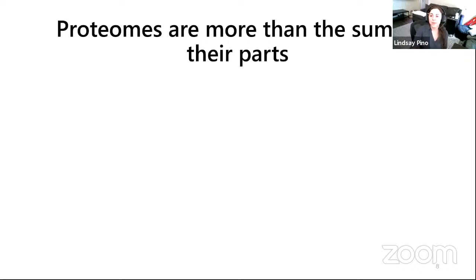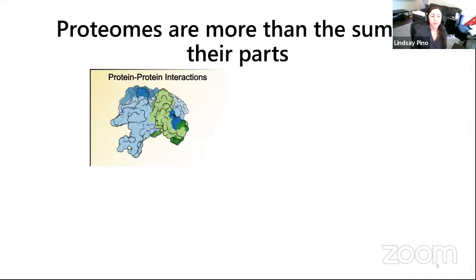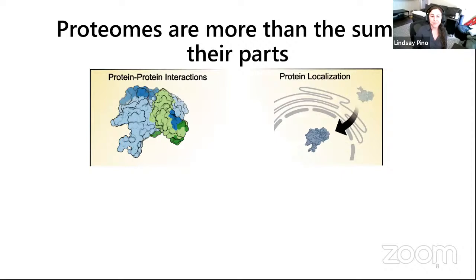So later today, we're going to be hearing more from Isa about things like protein-protein interactions, the interactome of proteins. It's not just a single protein acting by itself in a cell. Typically, it's got its friends, its social network that it's going to be affecting structure and function for. There's protein localization. A protein that's in the cytosol versus a protein that's in the nucleus is going to be doing very different functions.